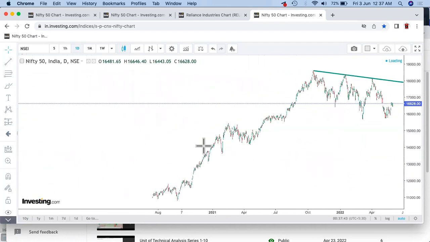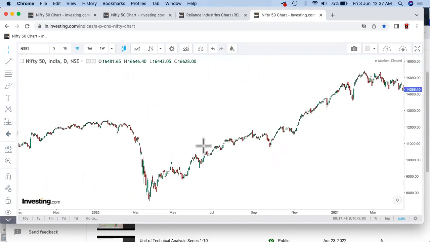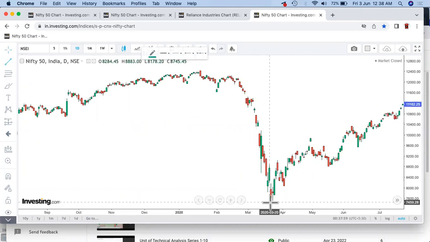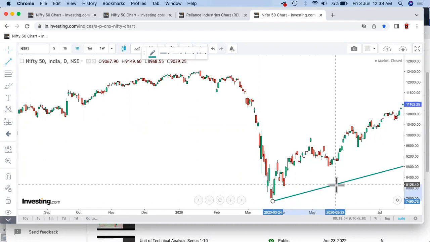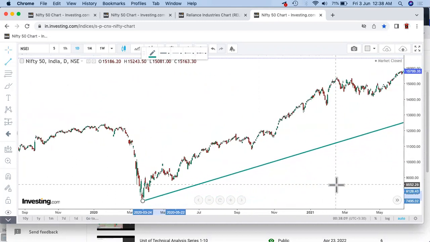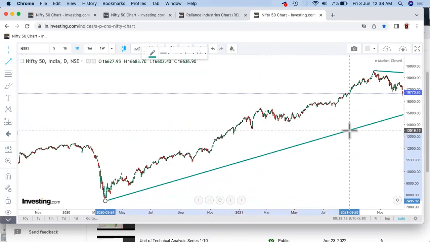Let's consider something which is there for an uptrend, right? Uptrend, again, I do the same thing. I consider a low part. So we consider this as the low of the previous bear phase, right?